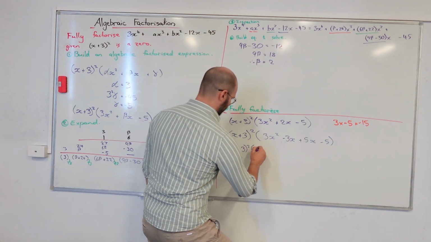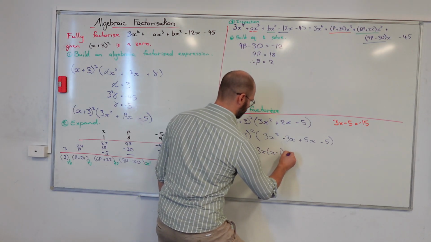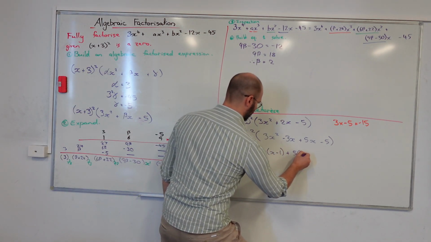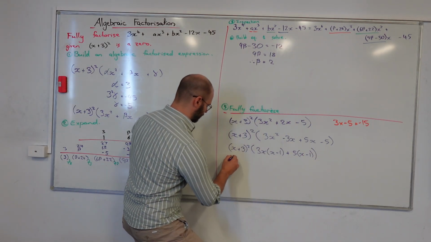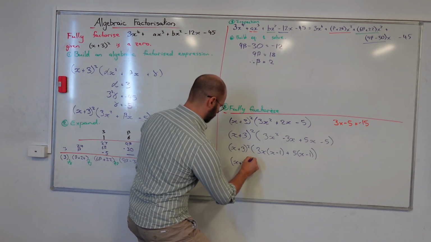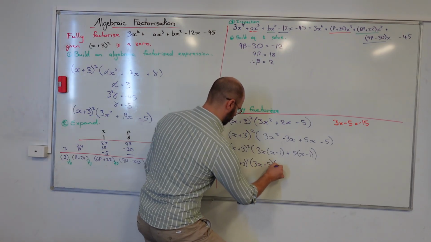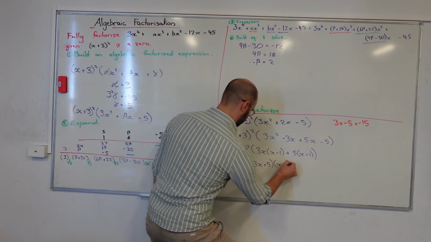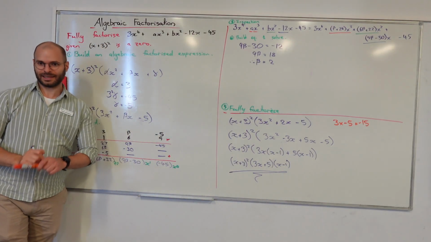This will be 3x comes out. X take 1 gets left behind, plus 5x take 1. Finishing this off. Done. There's our factorized form.